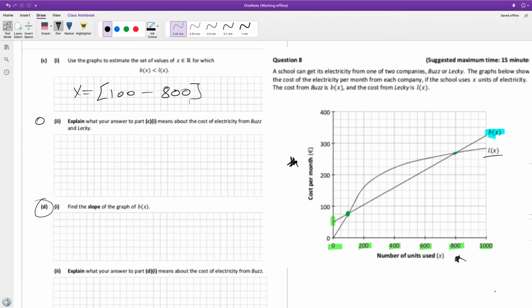Any general gist here? That was 5 marks. If you got 3 out of 5, 2 out of 5. Any general gist on the.